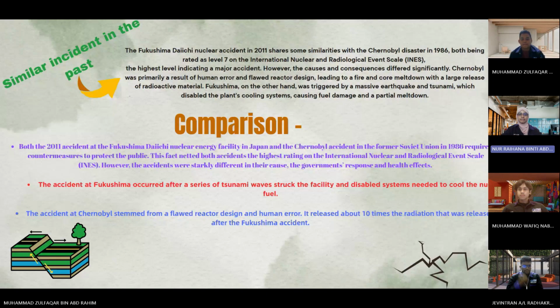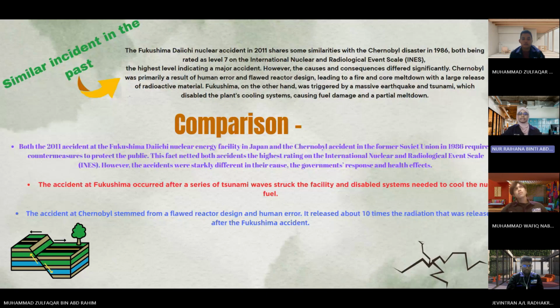This fact netted both accidents the highest rating on the International Nuclear and Radiological Event Scale, INES. However, the accidents were starkly different in their cause, the government's response, and health effects.